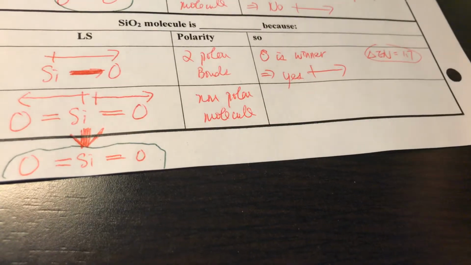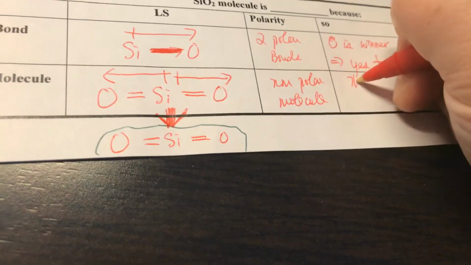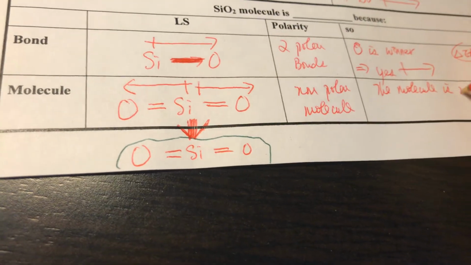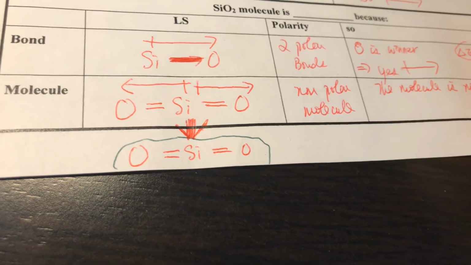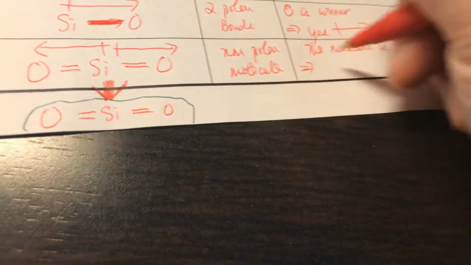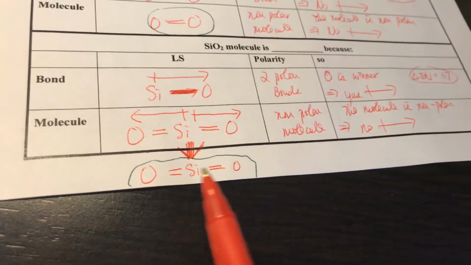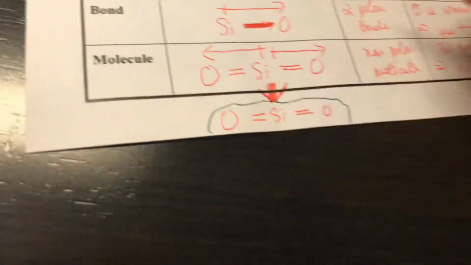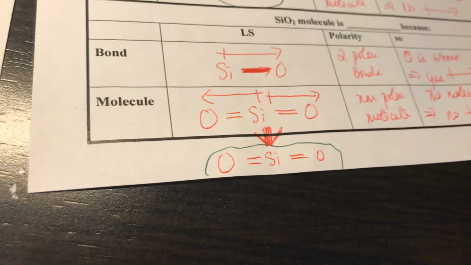Non-polar molecule. Okay, so I would say the molecule is non-polar. So then I don't write any symbol. Now again, why this is cancelled is because they have the same dipole. Okay, so I can write on here if you don't understand the notes.